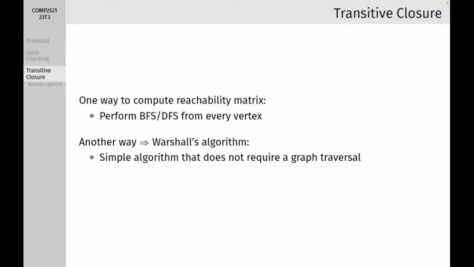That tells us what vertices we can reach from 0. Then we perform a BFS from 1. That tells us what vertices we can visit from 1, and so on. But another way we can do it is to use an algorithm called Warshall's algorithm. This algorithm doesn't require a graph traversal, and I'll show you how it works here.